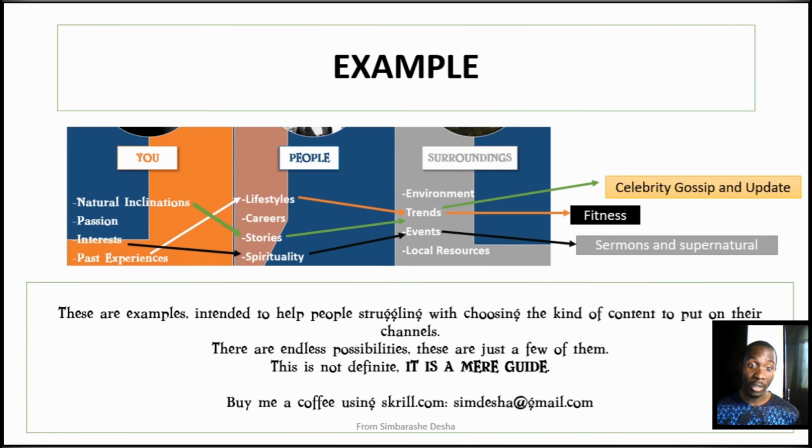Let's take another one. For example, if you are interested in spiritual matters, say you're interested in Christianity. You find a lot of activities. Maybe you are a choreographer at your church, a singer, or an usher. I'm giving these examples because I'm Christian, purely Christian.